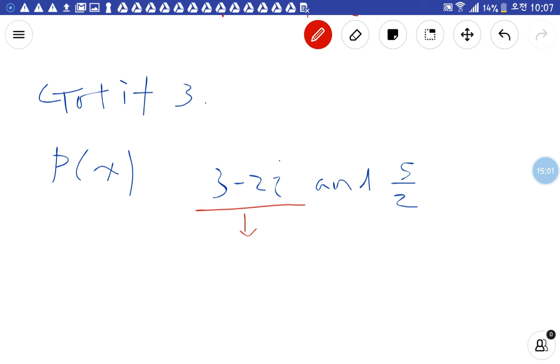The question says already that you are looking for one additional root. Even if I don't give it to you, you should know that you are going to have only one, which is the conjugate of 3 minus 2i. So what is the conjugate of 3 minus 2i? 3 plus 2i would be the additional root.